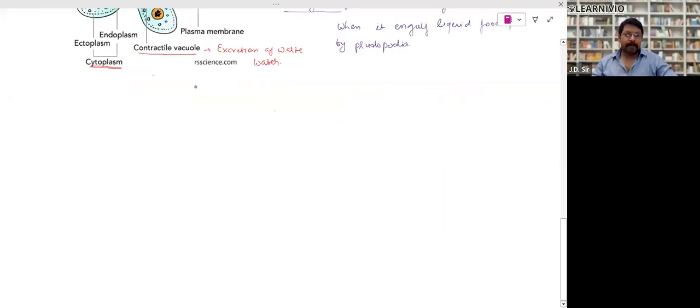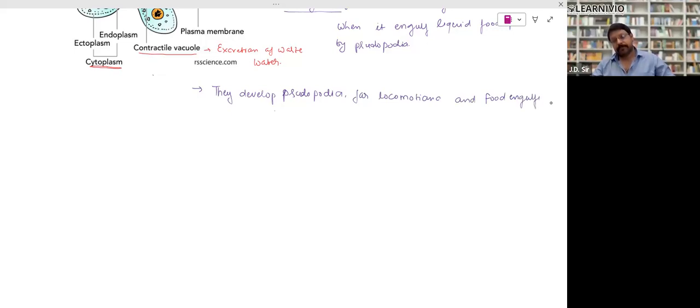So the next point is the general characteristics. They develop pseudopodia for locomotion and food engulfing, right?